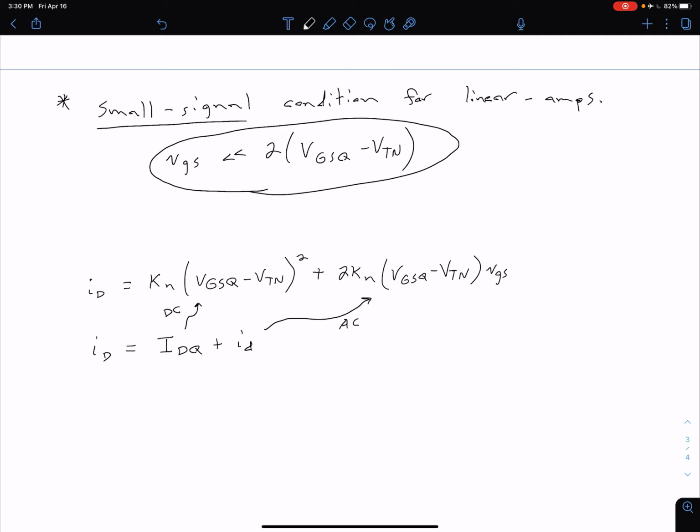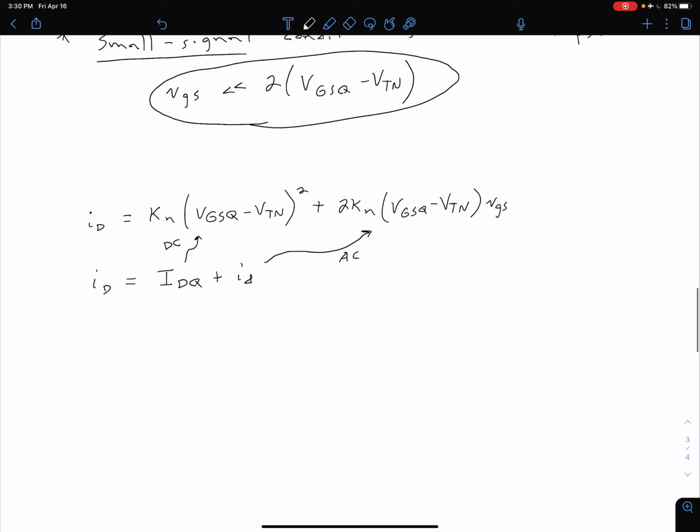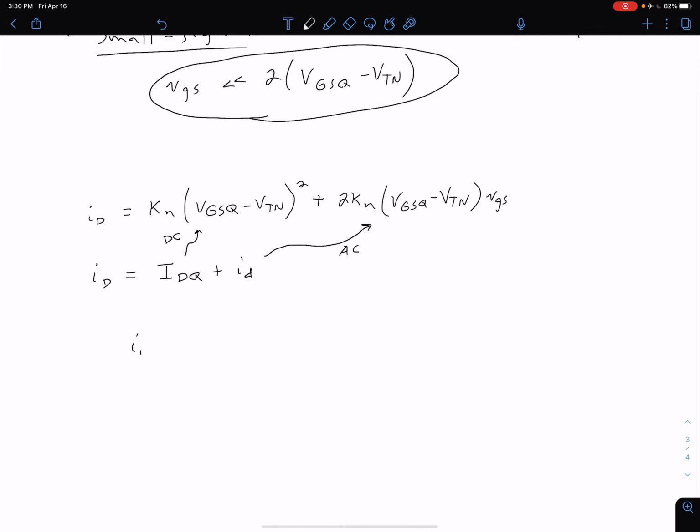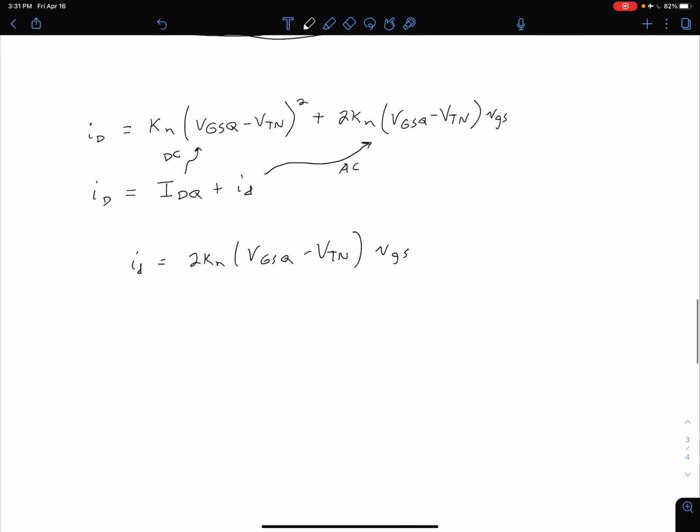With that, focusing on the AC part of our drain current, i sub d is equal to 2Kn times VGSQ minus VTN times our vgs. From this, we can define a very important parameter for our transistor called the transistor transconductance.